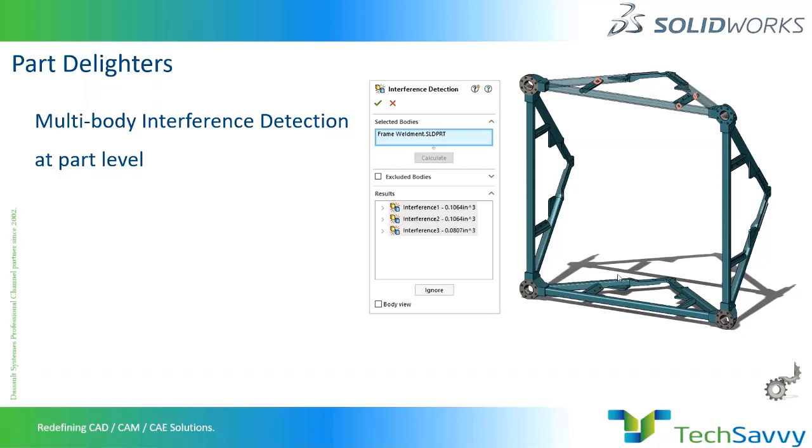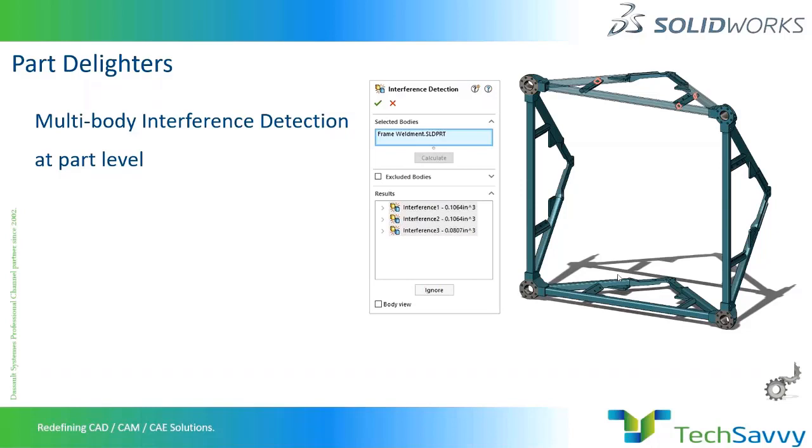But sometimes during this design, we are never able to understand whether the structures are interfering with each other or not. So till 2018, we were not able to check the interference at the part level.